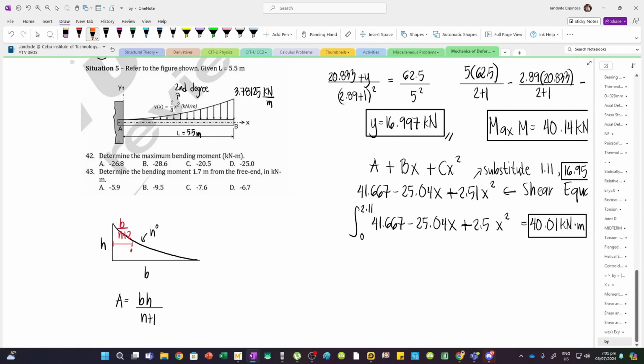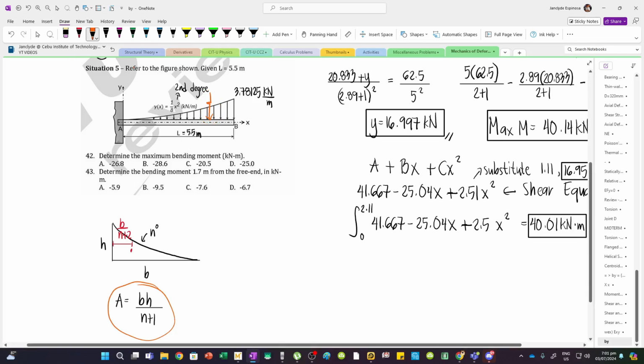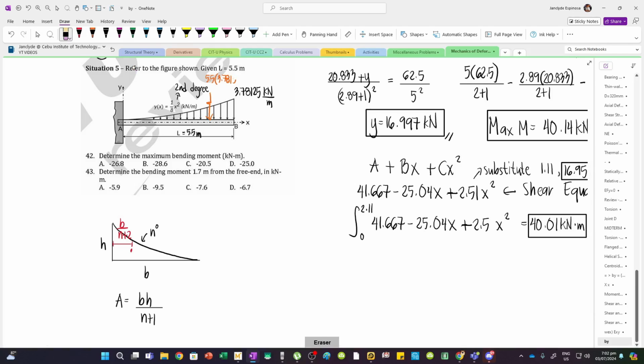We have a resultant right here, and this is equivalent to the area of a spandrel. Now the base is 5.5 and the height is 3.78125, divided by, this is to the second degree, so n plus 1, this becomes 2 plus 1.